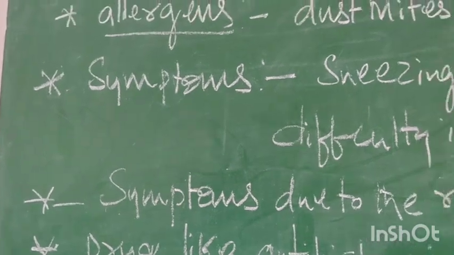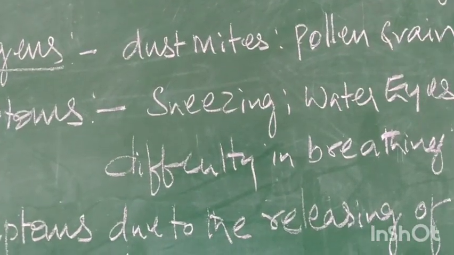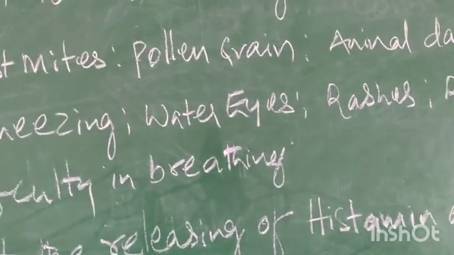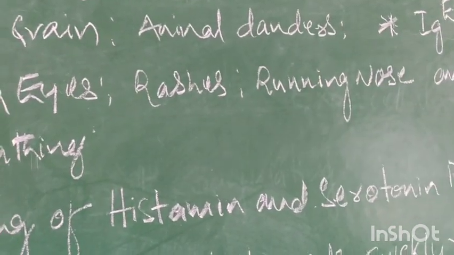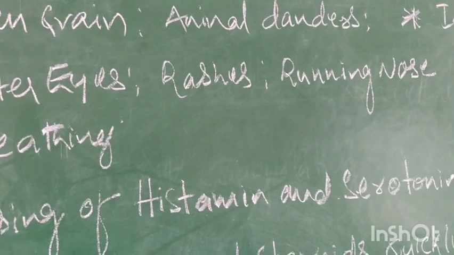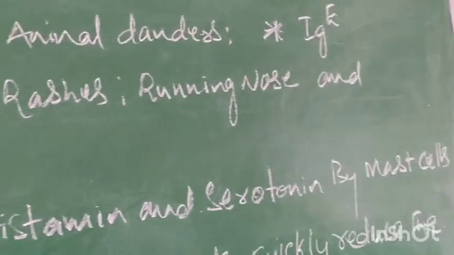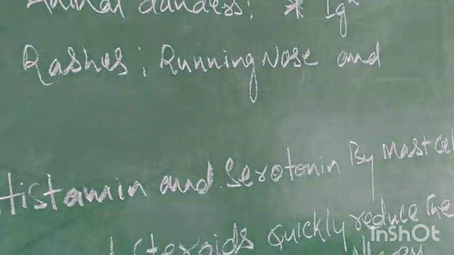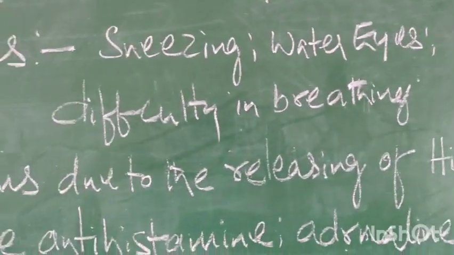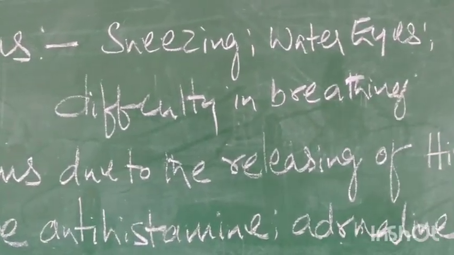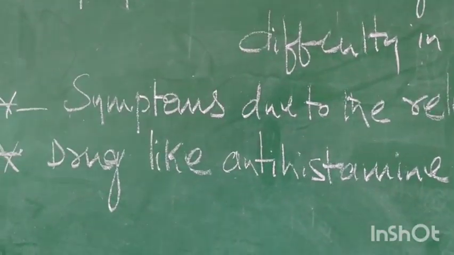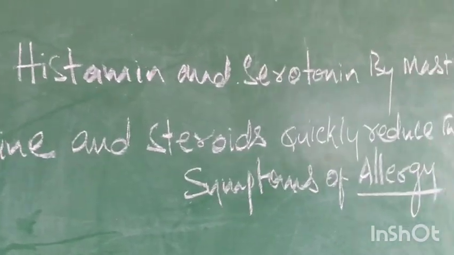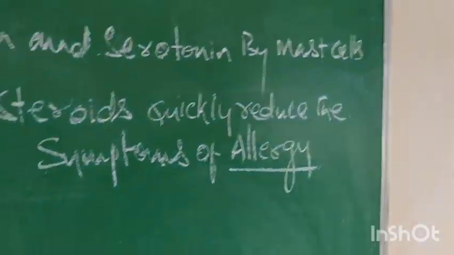Symptoms: sneezing, watery eyes, skin rashes, running nose, and difficulty in breathing. These are the 4 important symptoms of allergy. Symptoms are due to the release of histamine and serotonin by mast cells.